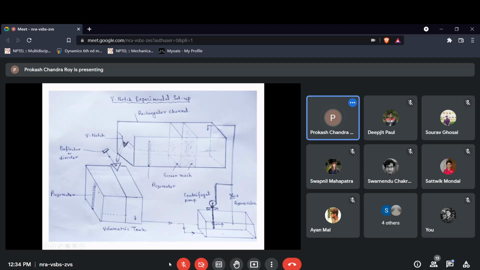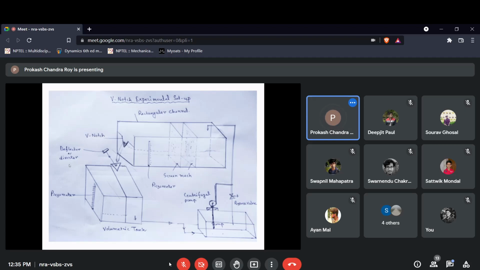So you take the final minus initial to get the height, and if you know the cross-section area of this tank, area into height gives you the volume, and divided by the time, you get the actual discharge. So by using this volumetric tank, you can easily measure the actual discharge based on the volumetric principle. You collect a certain volume divided by the time.